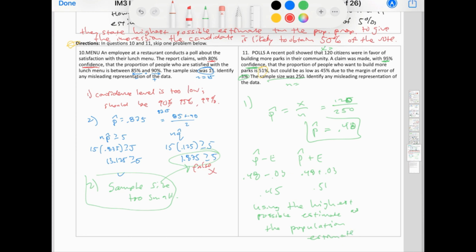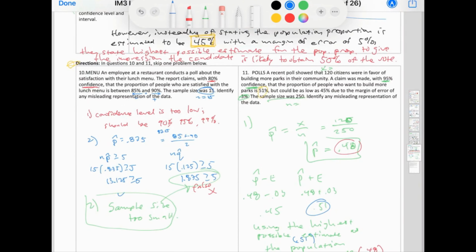In other words, it should be 0.48 rather than using just 0.51. Does that make sense? So they're just using the wrong side of the spectrum.